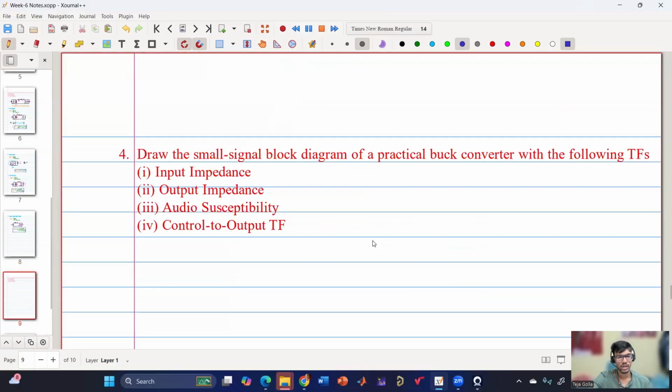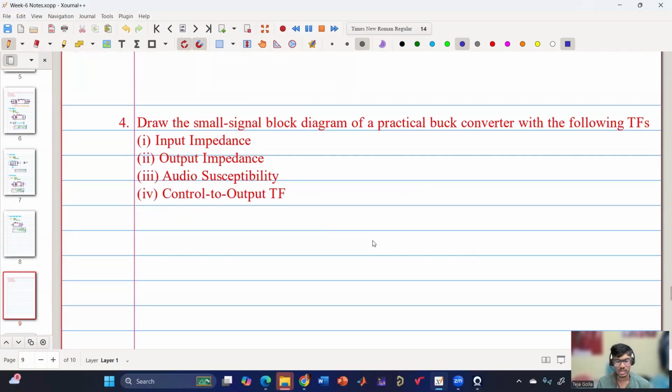So if you don't have any further queries, then we can go to another question where I'm asking: draw the small signal block diagram of a practical buck converter with the following transfer functions: input impedance, output impedance, audio susceptibility, control to output transfer function. First of all, did you understand the question?